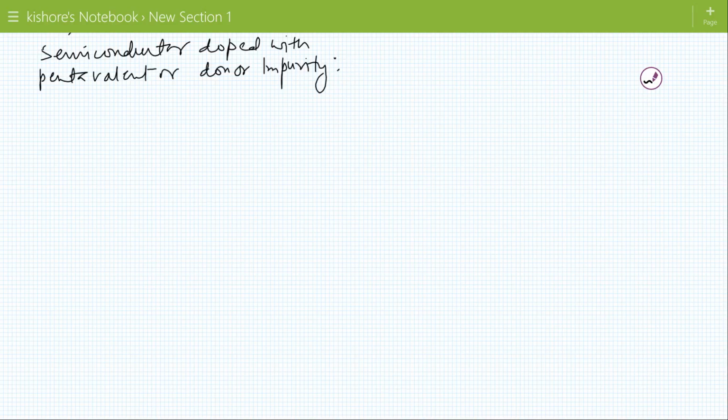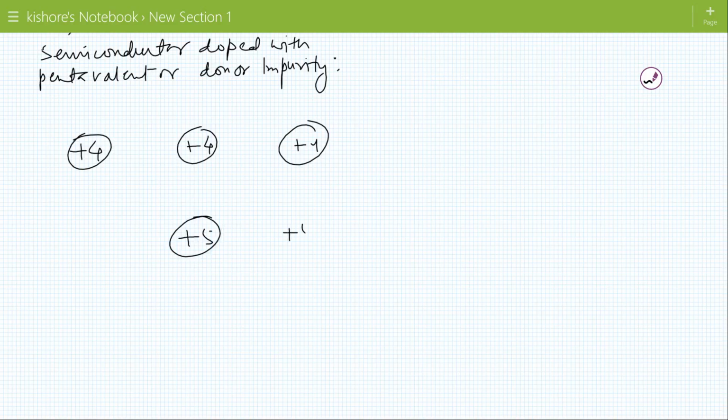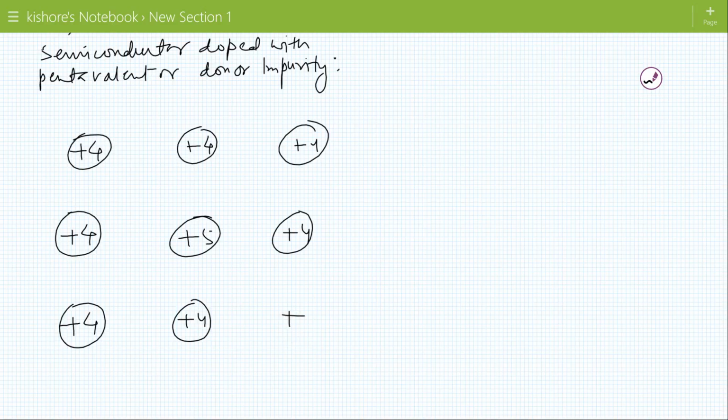If I draw the two-dimensional symbolic representation of the crystal structure of a semiconductor doped with pentavalent impurity, then it will look like this. This +5 is the pentavalent impurity.